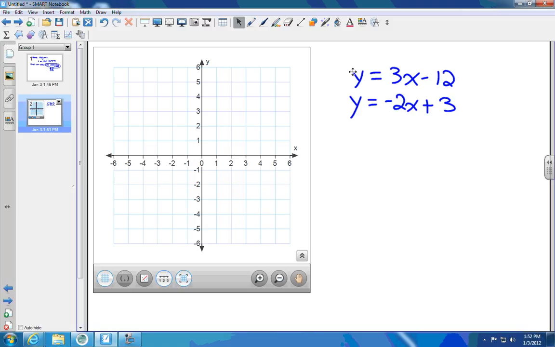By the way, this is another thing I need to cover with you guys. As far as your table goes, or your window key right there next to y equals, I will no longer come around and tell you every other day how to reset your window. You are responsible to know how to do that. You're responsible to know how to get it to the y equals screen.